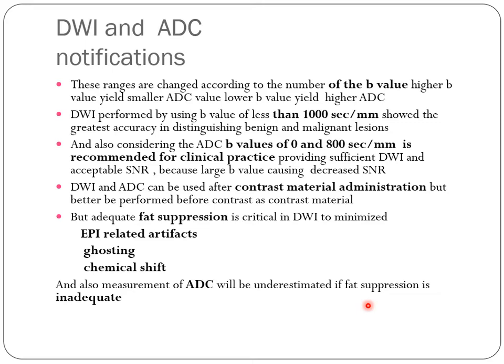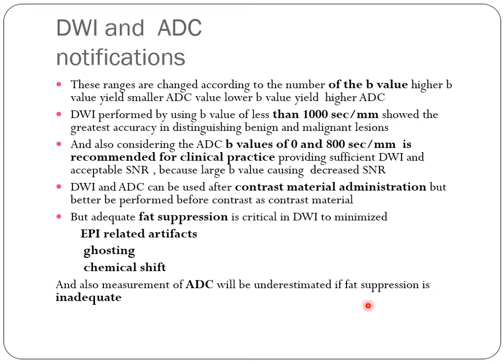Diffusion weighted image performed using a B value of less than 1000 millimeter per second showed the greatest accuracy in distinguishing between benign and malignant lesions. For ADC, a B value of 0 to 800 is recommended for clinical practice, providing sufficient diffusion weighting and acceptable signal to noise ratio, because a large B value causes decreased signal to noise ratio.